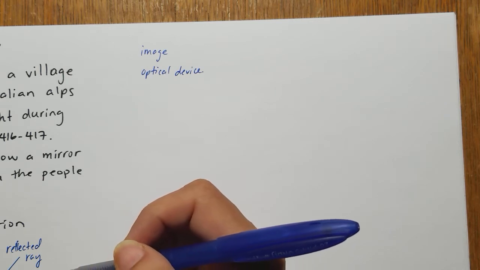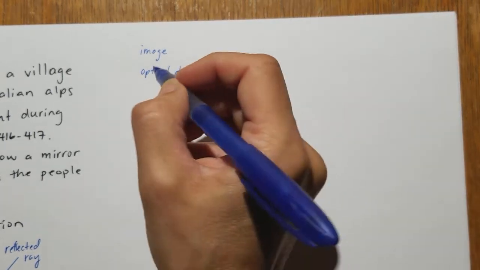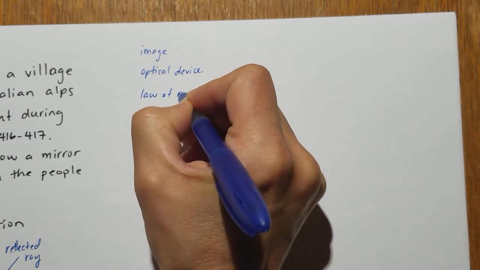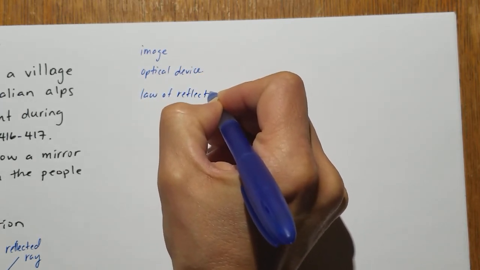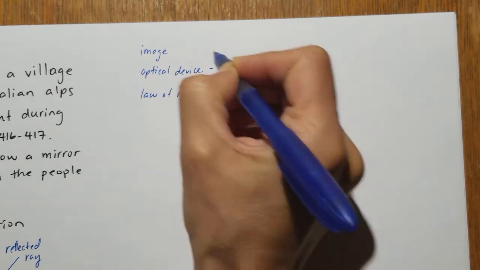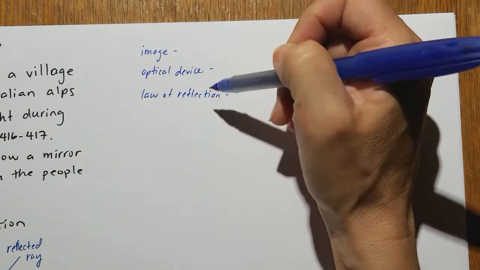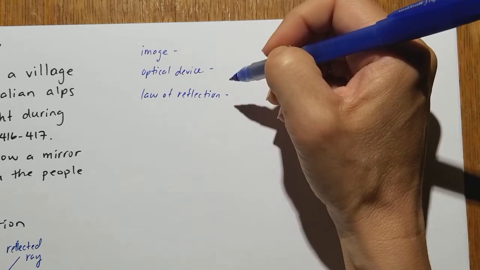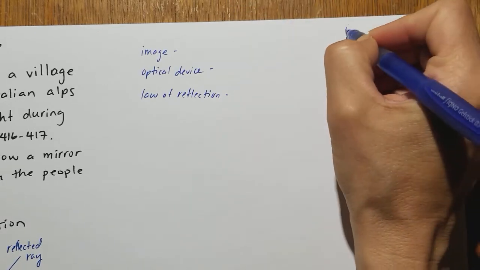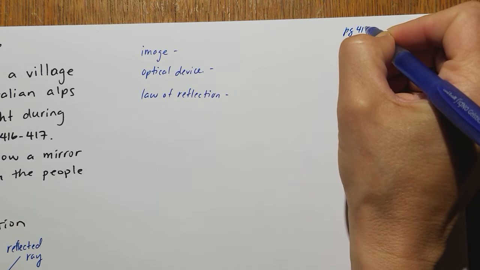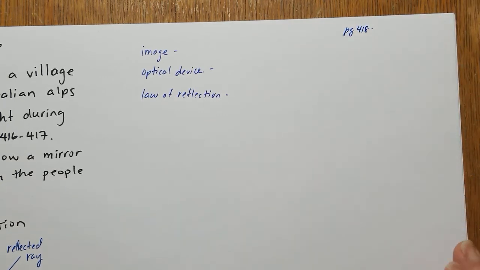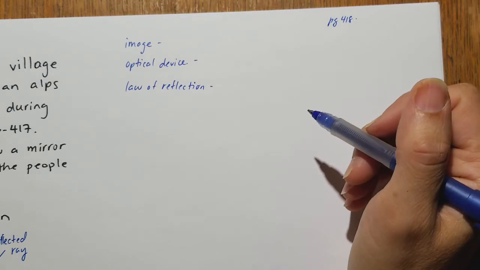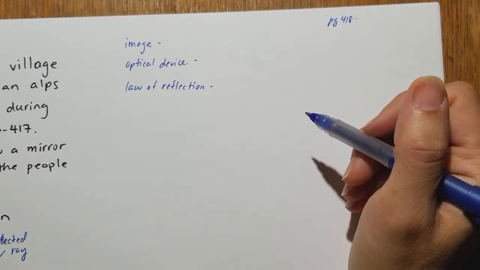And we have the law of reflection, and we should probably write that out. These are all terms in your textbook in bold, so you can do that yourself on page 418. And I'm going to work with you on finding an image in a plane mirror.